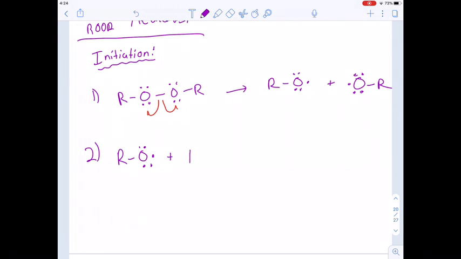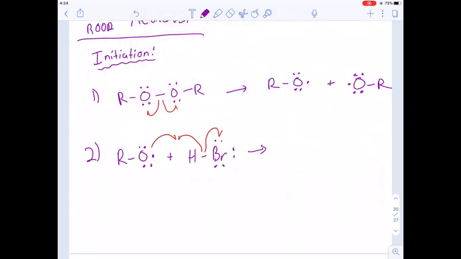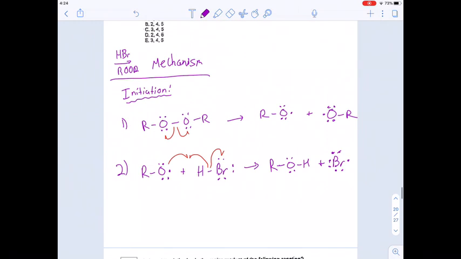Okay, so the next step is the generation of your radical halide. You're going to start with one of your alkoxy radicals and HBr. And what's going to happen is that the alkoxy radical is going to come and take the H, and then the other radical is going to stay on the Br, forming the radical Br.